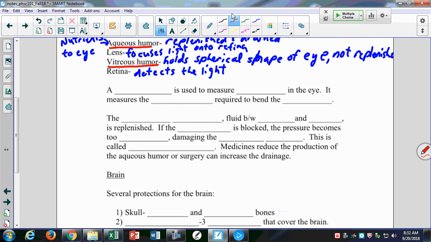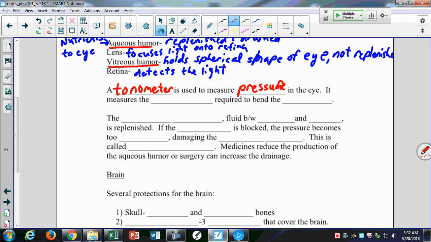All right, a tonometer is used to measure the pressure in the eye. If you go to the optometrist, at a human doctor, it's usually just a little puff of air that they blow onto your eye. But I'll show you an animal doctor. It's a little bit different.